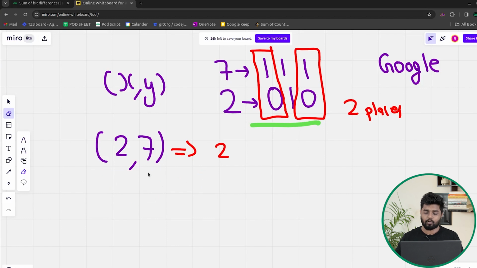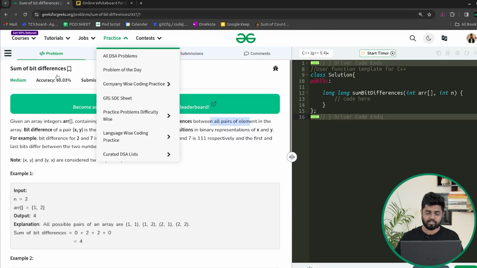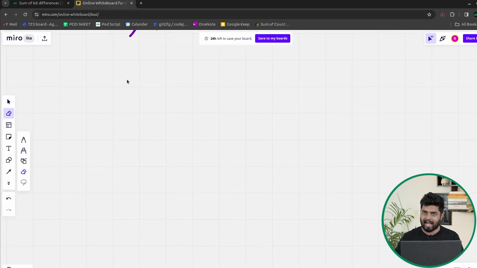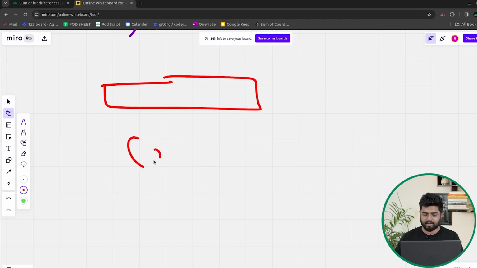So you have to find this for all possible pairs of the array. Suppose you have got an array. What can you do? You have to generate all the pairs ai, aj, find the bit difference for all the pairs, and take the sum of all of that.